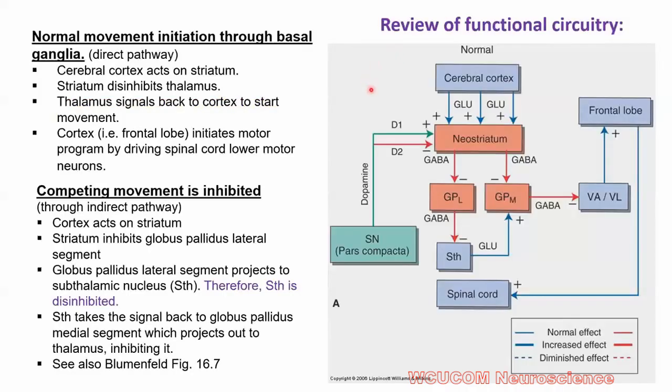Obviously, it is a cortex to cortex kind of interaction going through basal ganglia in various ways.